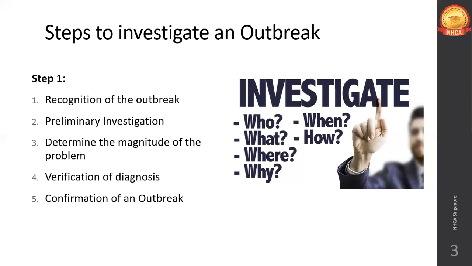Then there is confirmation of outbreak. You confirm the outbreak by comparing the present rate of occurrence, like within 2-3 days how many patients are getting admitted, or how many cases are showing up. You have to compare that number to the endemic rate. Endemic means there is a certain infection which is common to a particular region.